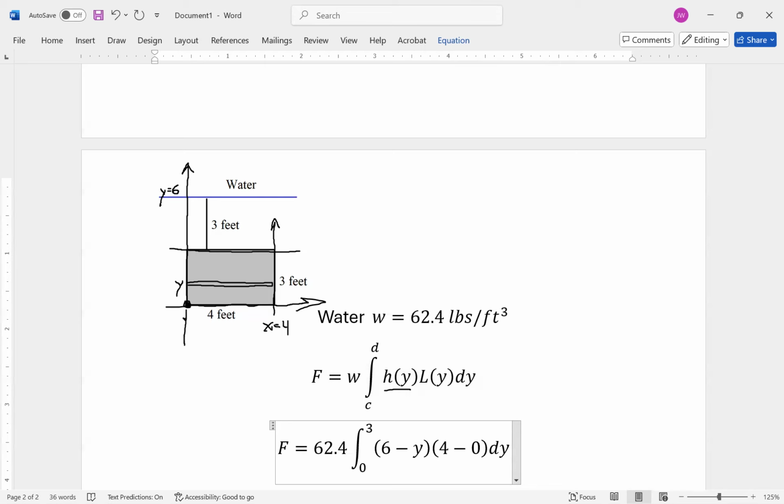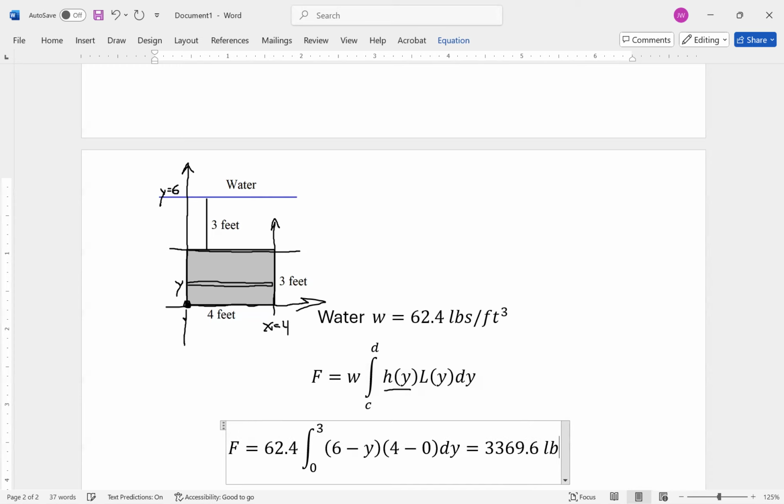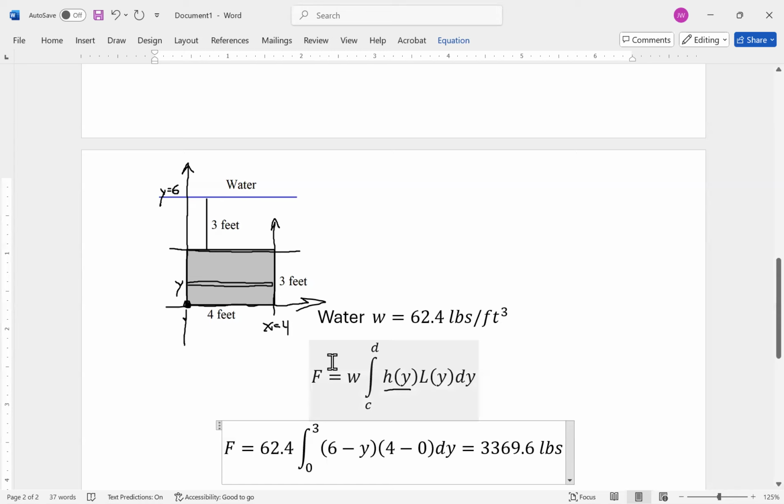When I plugged things into my calculator, I got 3,369.6. That would be in pounds because of the same thing we did earlier. We are taking my h of y, the depth, which is in feet, L of y, that's the length of rectangles, that's in feet, and then this integrate with respect to y, that's going to be also height, which is in feet.